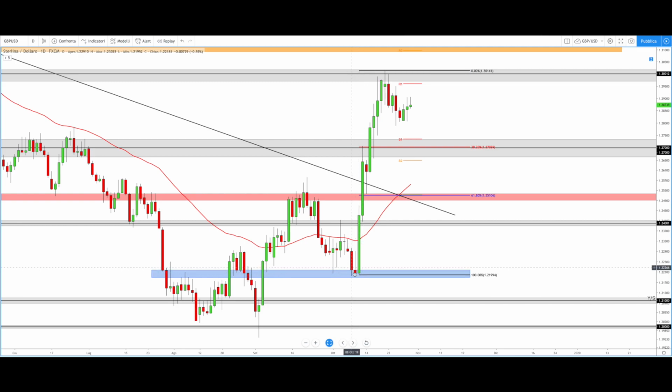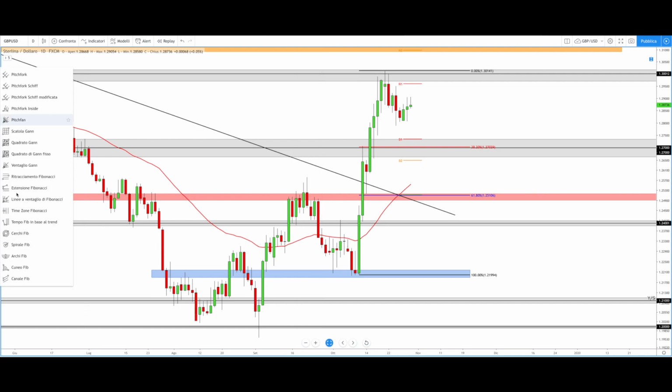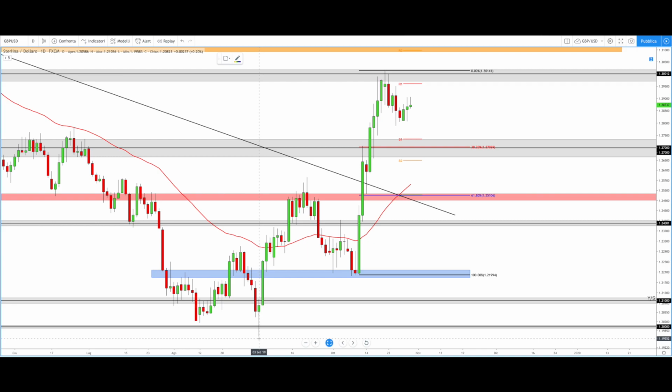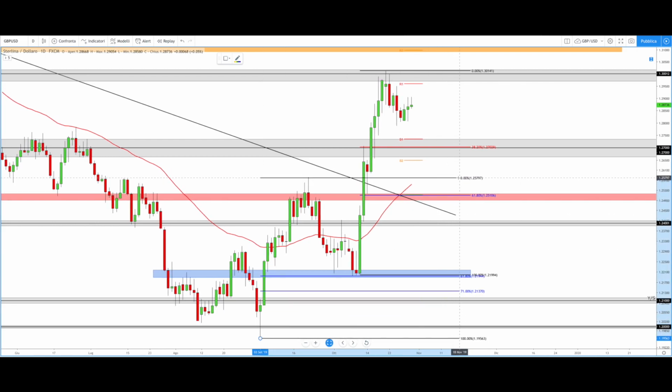And we can see after this correction, because using Fibonacci we can see another clear example that these Fibonacci retracements 6.1 and 7.1 are two of my favorite Fibonacci retracements.